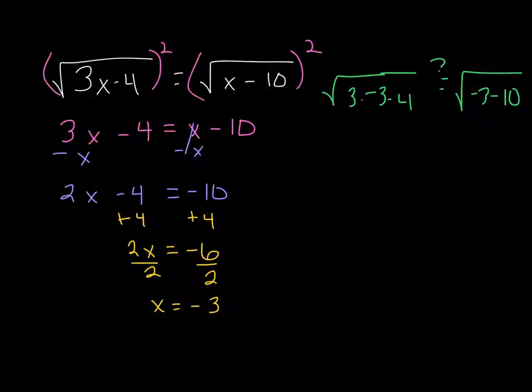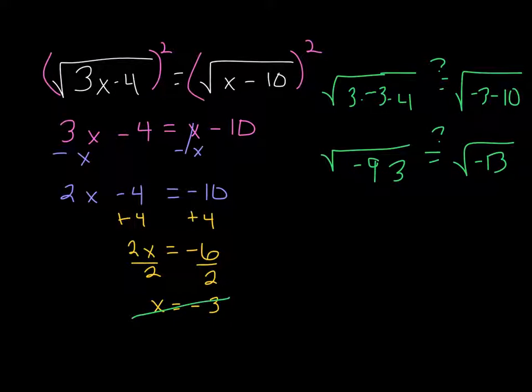So negative 3 times negative 3 is negative 9 minus 4, which is negative 13. Get negative 13 over here. Now that is not okay. You can't have a negative inside of a radical. So this solution does not work.